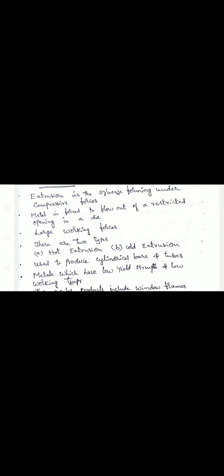Products of metals and alloys made of aluminum, copper, lead and magnesium, which have a relatively low yield strength and a lower hot working temperature, are widely extruded.